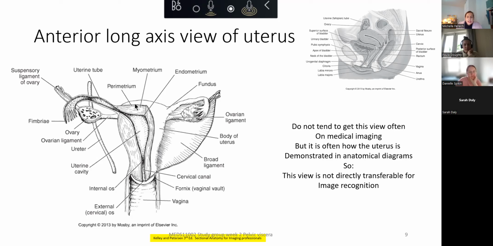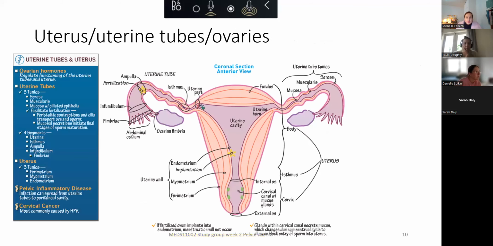The very outside layer of the uterine tissue is the perimetrium, the thick muscly tissue is the myometrium, and the inner lining is the endometrium. Those are the three things we've talked about. The fundus is like where the little core is on the pear, the rounded bottom bit, and the stalk will probably be the vagina. I'm trying to give you a visual there.